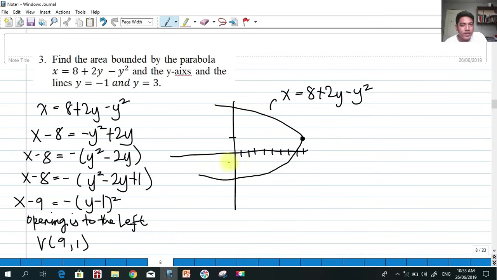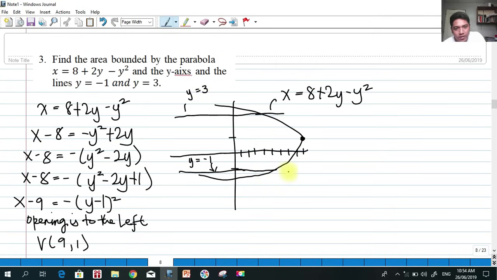This is our y-axis. And the lines, y equals -1. So let's say this is the line y equals -1. And the line y equals 3. So this is y equals 3.